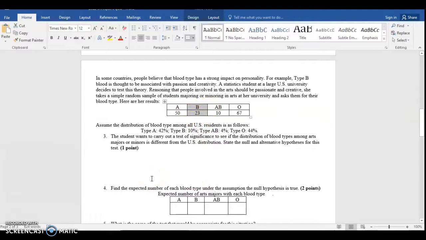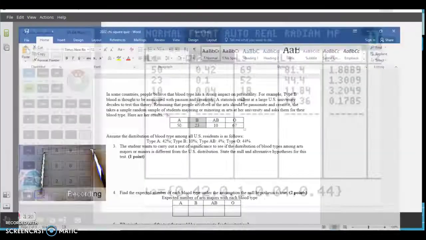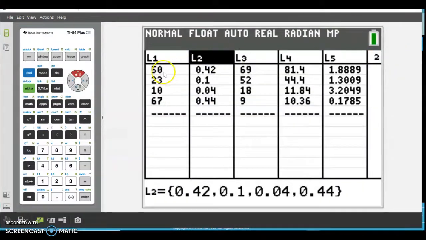So our null hypothesis will be the distribution of blood types is the same for the people in the arts who we sampled as it is for the general population. And this is what we got for the general population here. Now I think if you do the math here, these are our observed values.